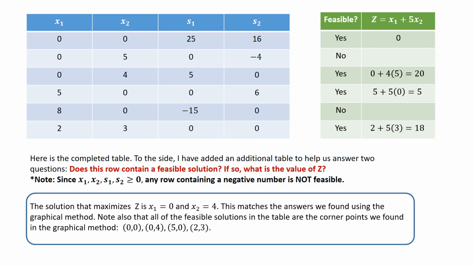Note also that in row 1, once again, x1 and x2, because they are 0, are considered non-basic variables. s1 and s2 are basic variables because they have a non-zero value.